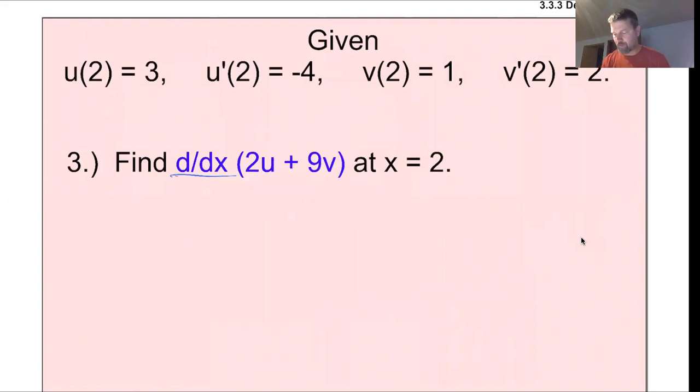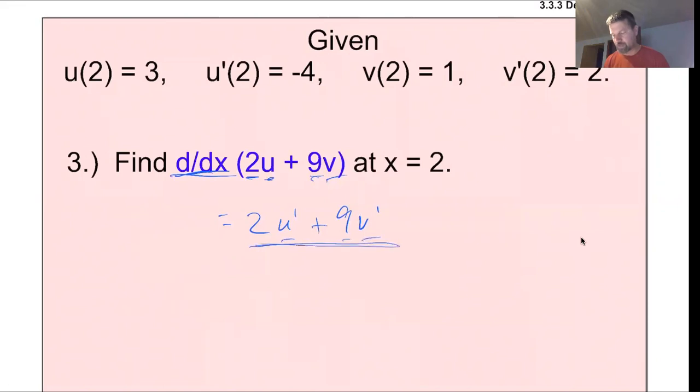So my rules say if I'm taking the derivative of 2 times something, that's the exact same thing as just taking 2 times the derivative of that something, right? Plus, that's 9 times something. If I want the derivative of 9 times something, that's the exact same thing as taking 9 times the derivative of that something. So this derivative of 2u plus 9v would be 2u prime plus 9v prime.